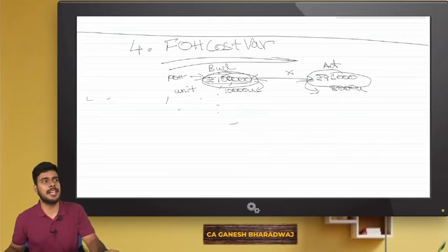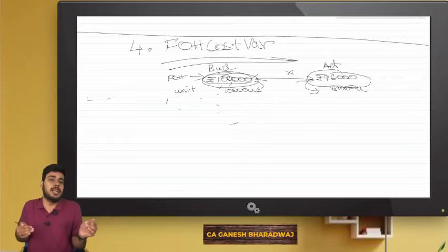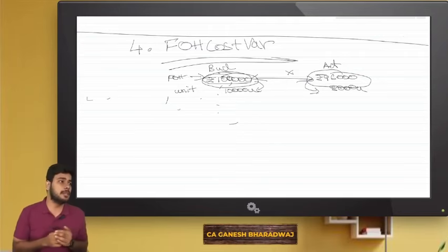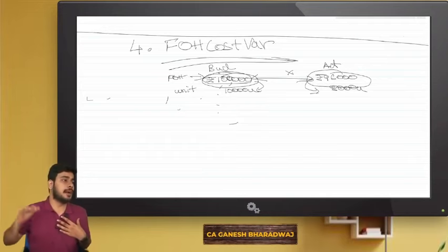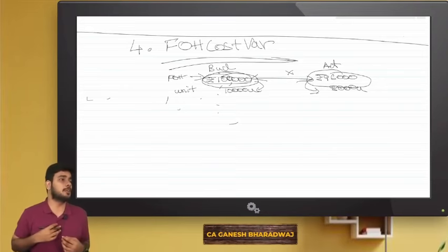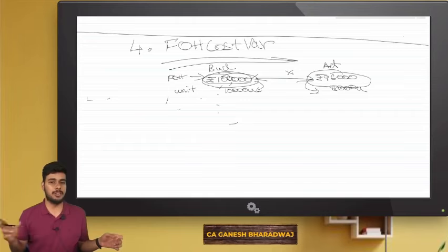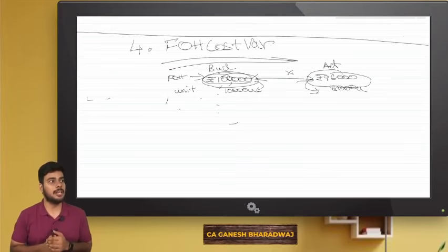It remains constant irrespective of my output level. If you reduce the output to 8,000, will I pay lesser factory rent every month? Let's assume this is factory rent. I need to pay that landlord 1 lakh rupees whether I produce 10,000 units or 8,000 units, correct or not?